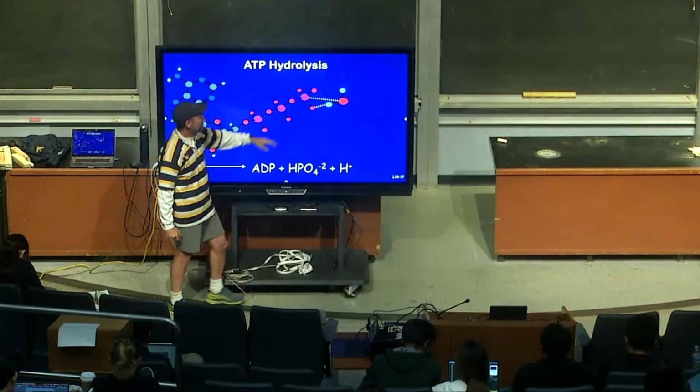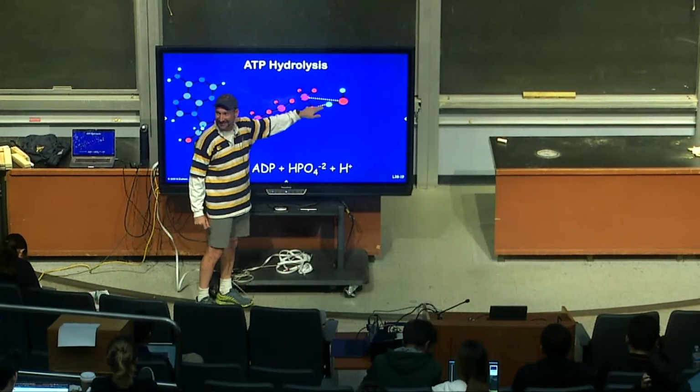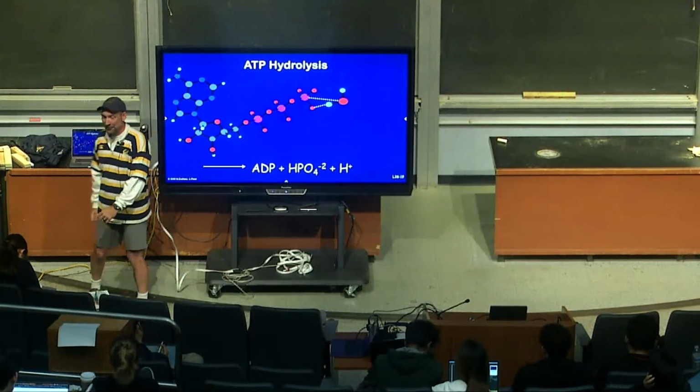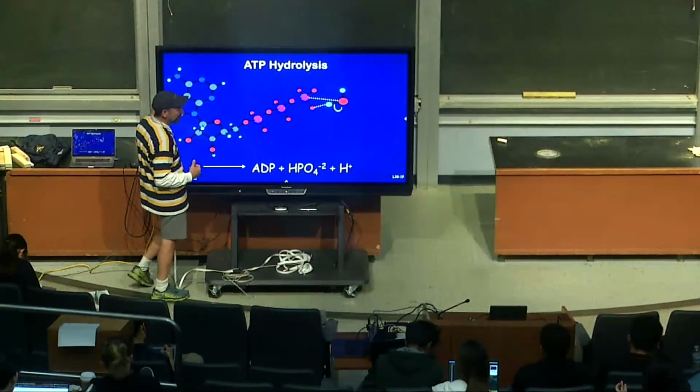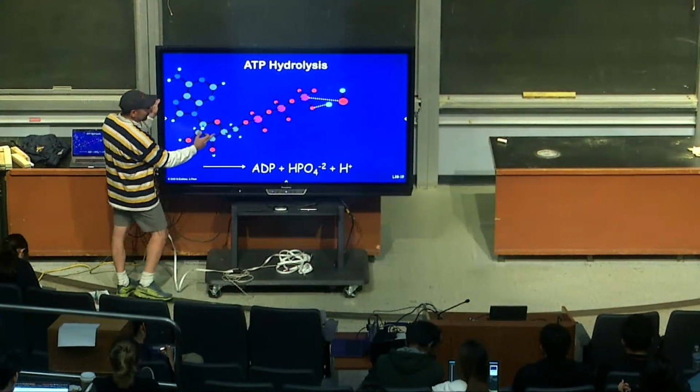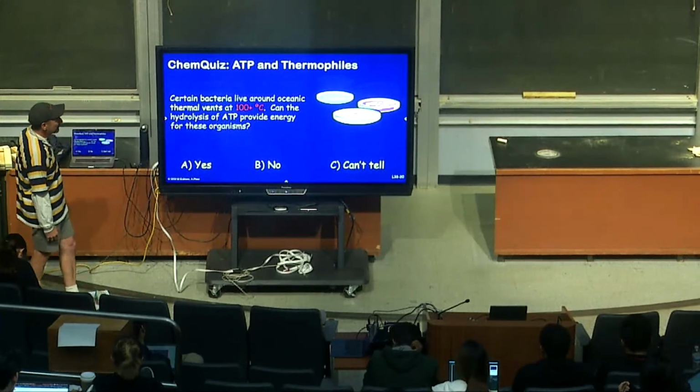So that's not the high energy bond, that is how you should say it to your biology friends and colleagues, okay? So let's do it in the form of a chem quiz, see if you've learned anything.